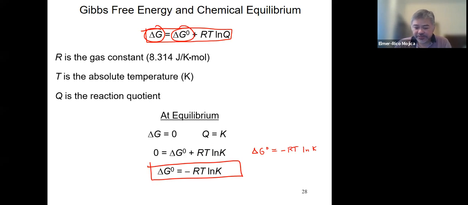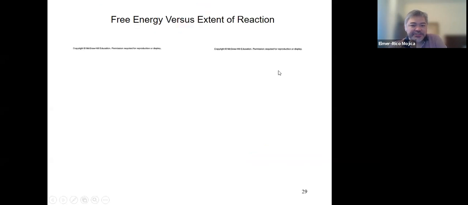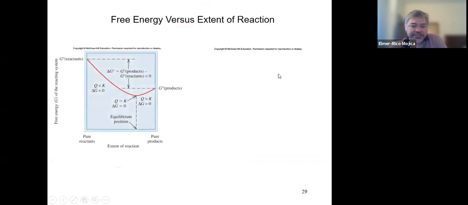Now, if you're going to ask yourself how this free energy is related, what's the use of this one? From the word itself, free energy usually looks at the energy that can be used.